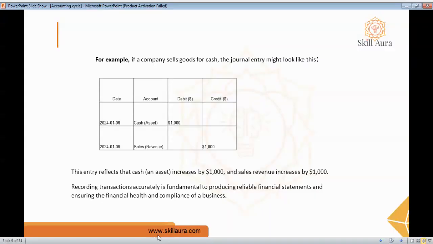So in the debit column you'll add the cash account to record the increase in revenue, and credit the sales account to show the increase in income. The transaction increases both cash and sales. So it shows the company has earned 500 rupees in revenue for the sale. This is how the journal entries are posted.